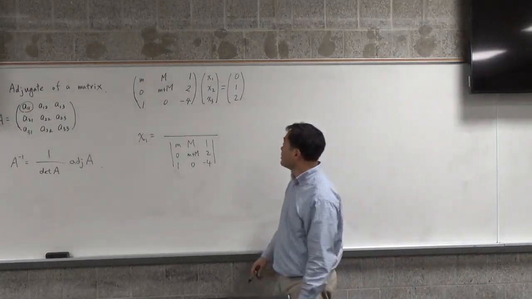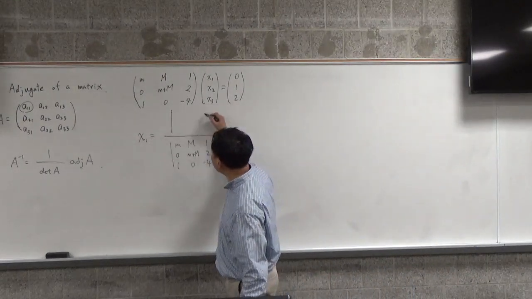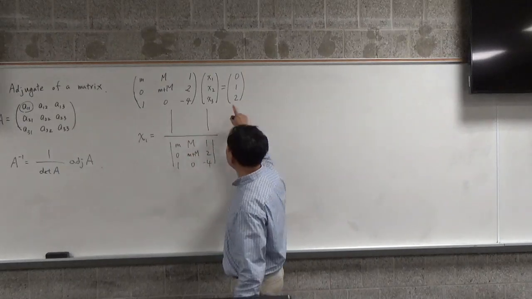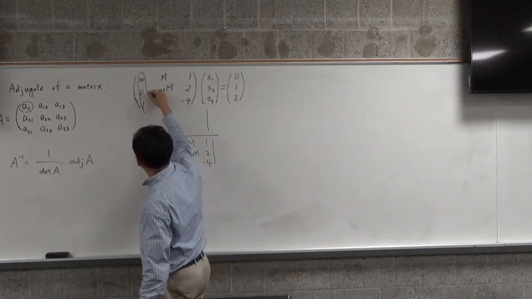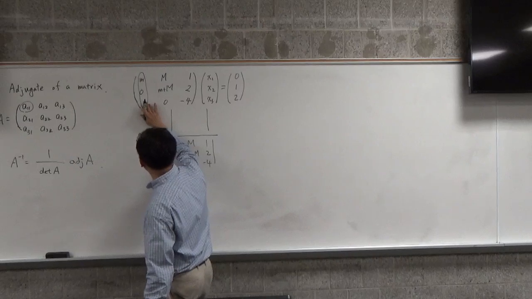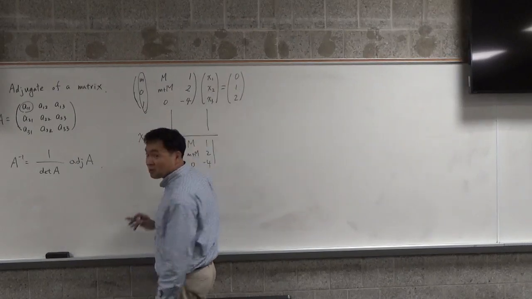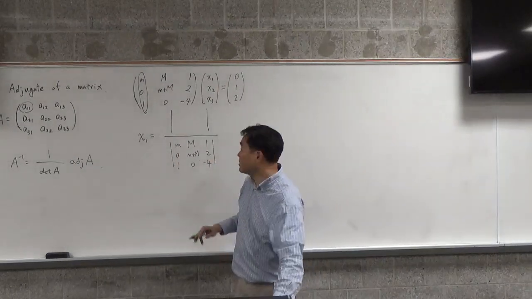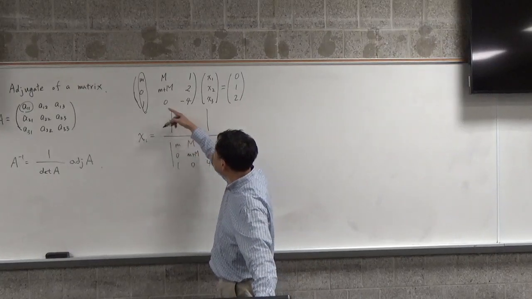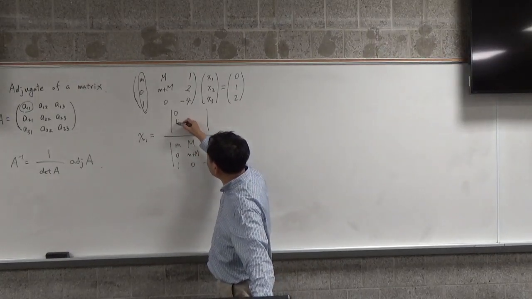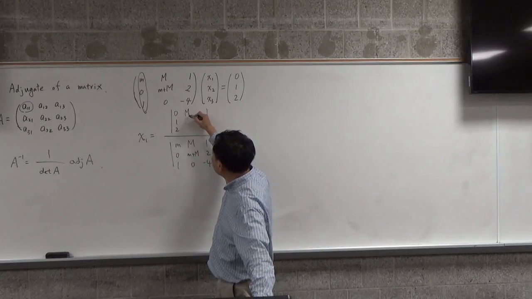On the other hand, for the top one, for x1, you take the very first column and replace it by the column matrix B. So you replace the very first one by 0, 1, 2. Rest of them stay the same.